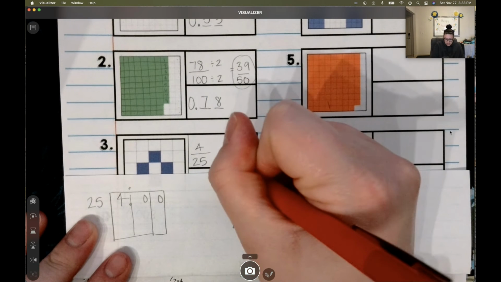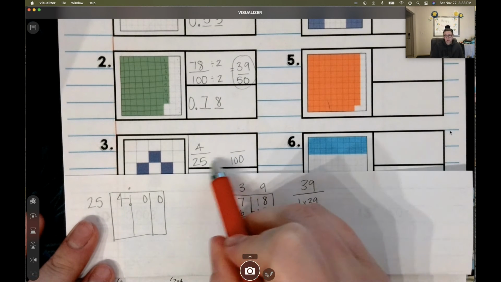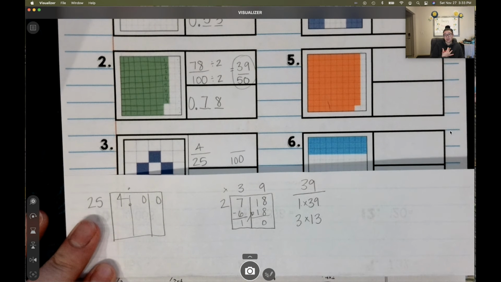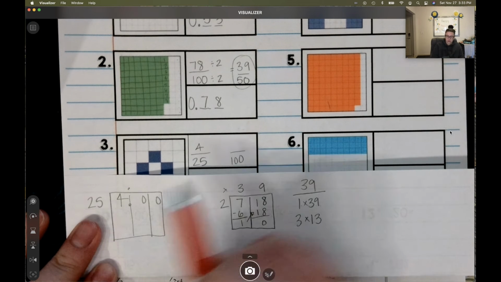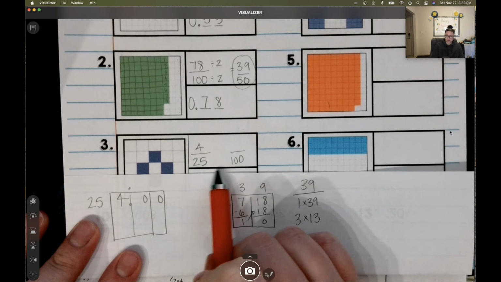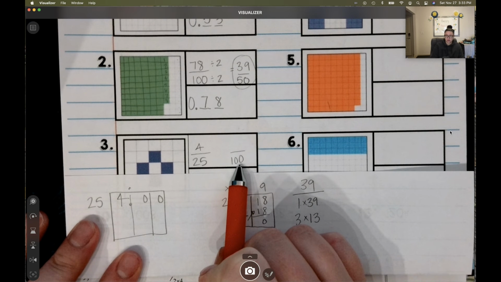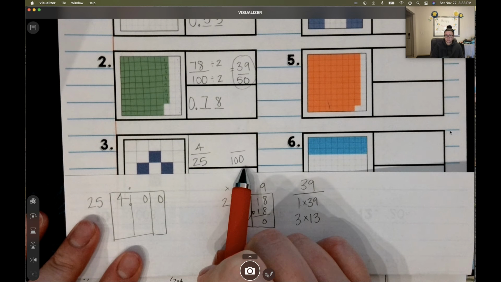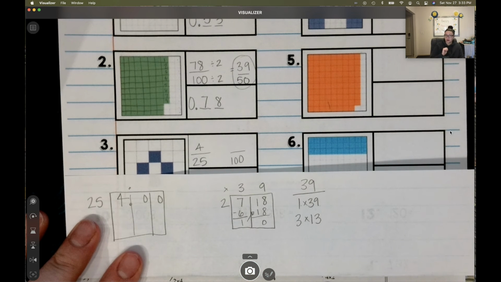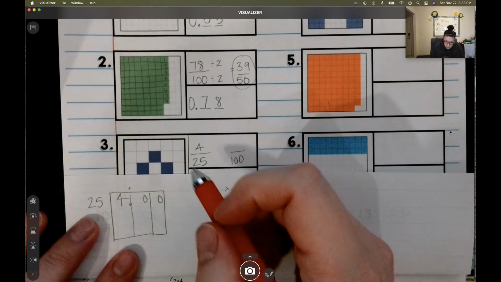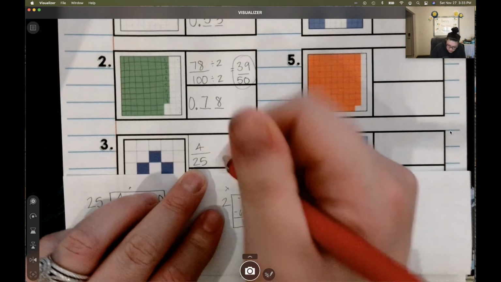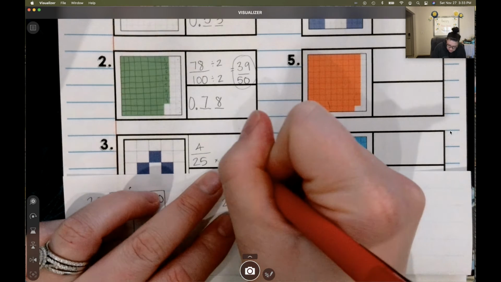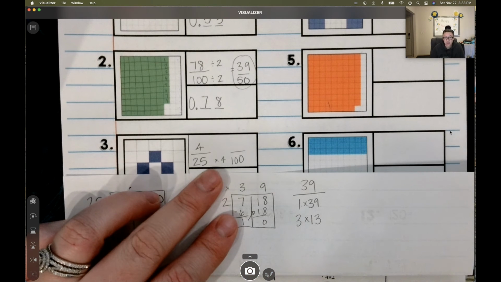Or I need to get from 25 to 100 so that I can turn it into a decimal. Think about quarters. How many times can 25 go into 100? How many quarters do I need to make $1? I need 4. So I could take this 25 times 4 to get 100.